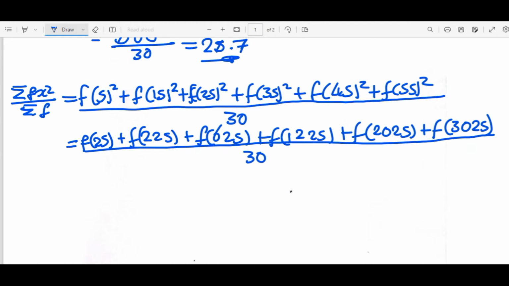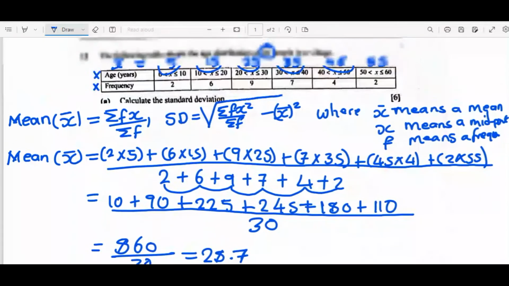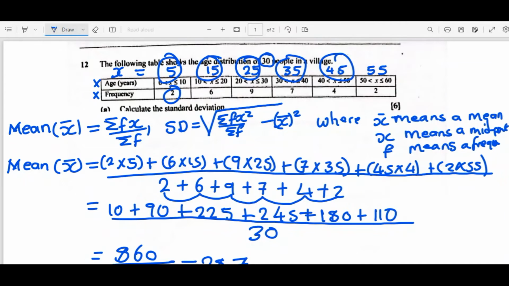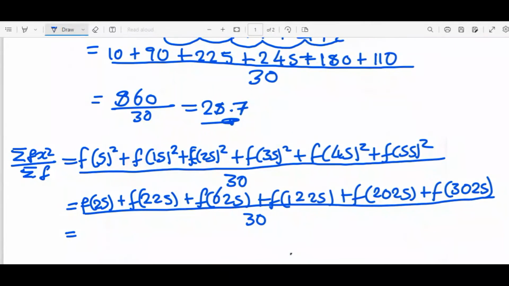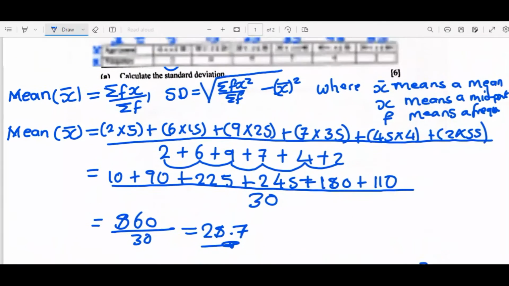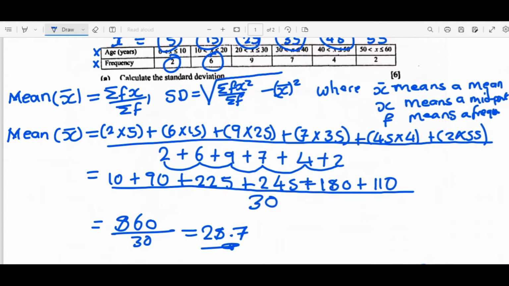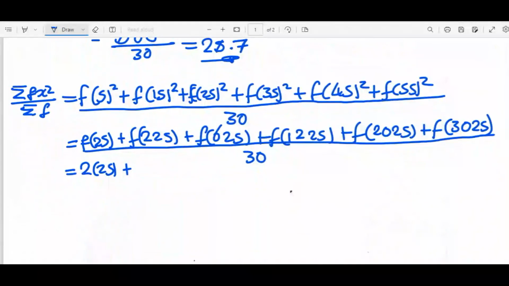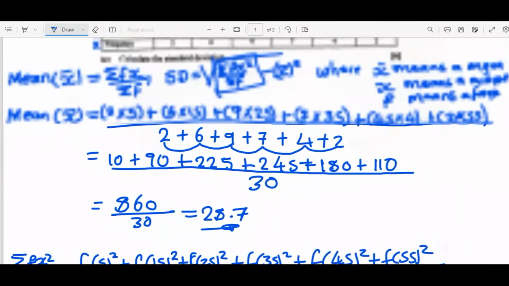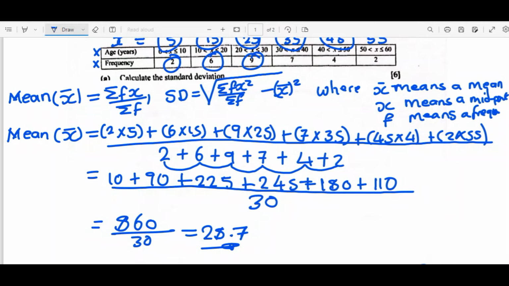Now let's add the frequency for each. So the first frequency is 2. So I'm going to say 2 times 25 plus the second frequency is 6. So 6 times 225 plus the next frequency is 9.